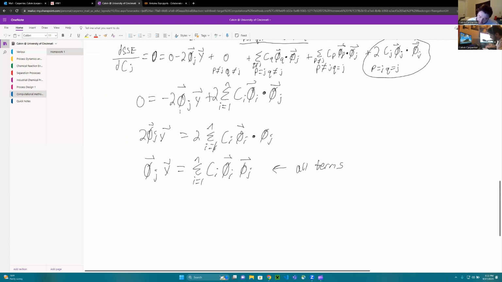And for the equation for one term, we can isolate ci to be equal to, I'm going to arrange it like this, y times phi j over phi i phi j.